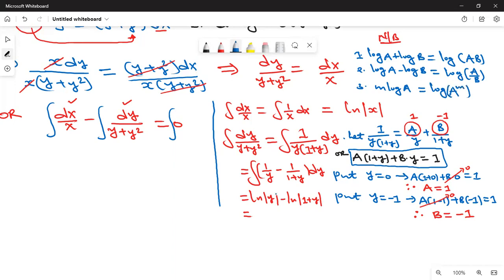So those laws are very important. So here we need to combine this and also this, and there's a minus, so we are going to divide them so that this answer can now be written as natural log of y over 1 plus y. Finally, on the right-hand side, we have the integral of 0.